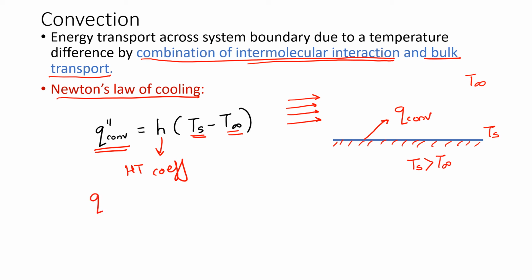Now, what will be the heat transfer rate due to convection? It will be the heat flux due to convection multiplied by the area, which is h times A. Now, A here is the area of the surface, so it will be this particular area of the plate, because the heat is being transferred from the surface of the plate to the surrounding, times Ts minus T infinity.